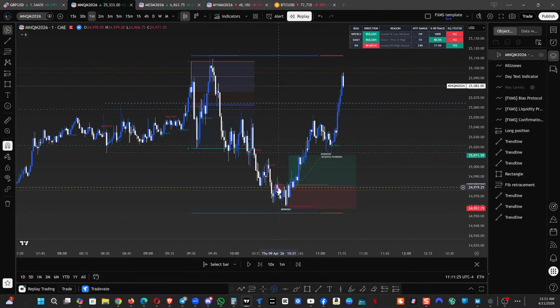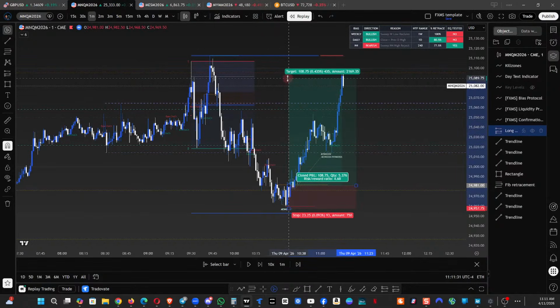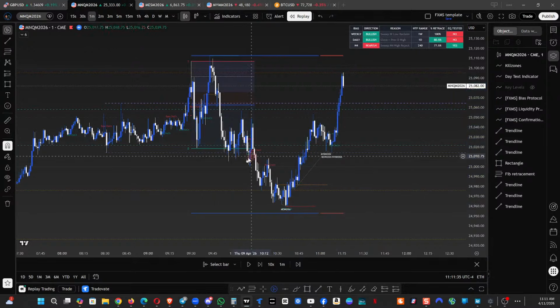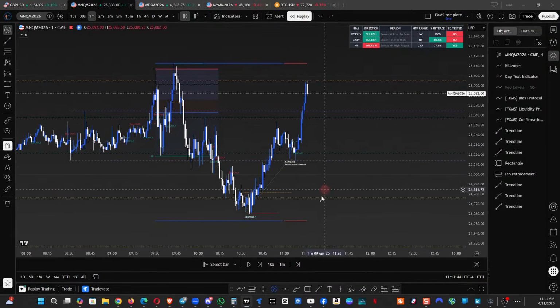So in this case, obviously the change of character happens. We have a very small risk reward here. You could take this kind of trade and maybe you get a good runner out of it. But if we were waiting for the rules, of the internal range forming a sweep and then trading back into the discount POI, this didn't do it, obviously. Okay, this was Thursday.